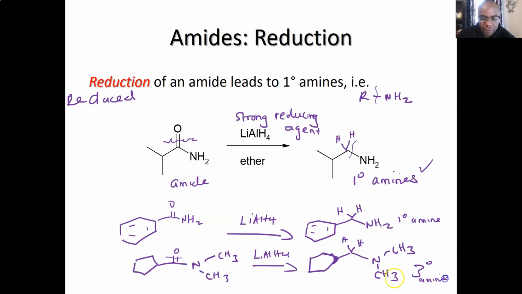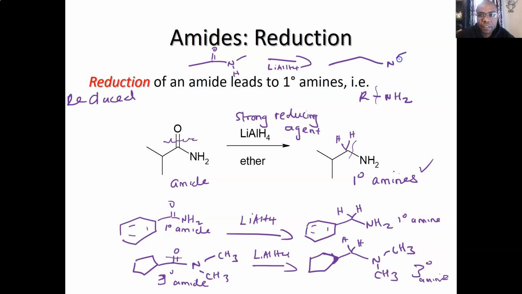What I want you to realize is if you start with a tertiary amide and you're reducing, you get a tertiary amine. If you start with a primary amide, you're reducing it, you get a primary amine. If you start with a secondary amide, let's do a secondary amide here, you're reducing it with lithium aluminum hydride, you're going to end up with, okay, the hydrogens are there, I don't need to show them, you're going to end up with a secondary amine.